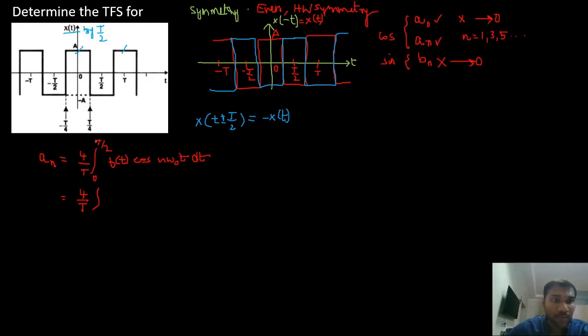So I have to consider only from 0 to T by 2.